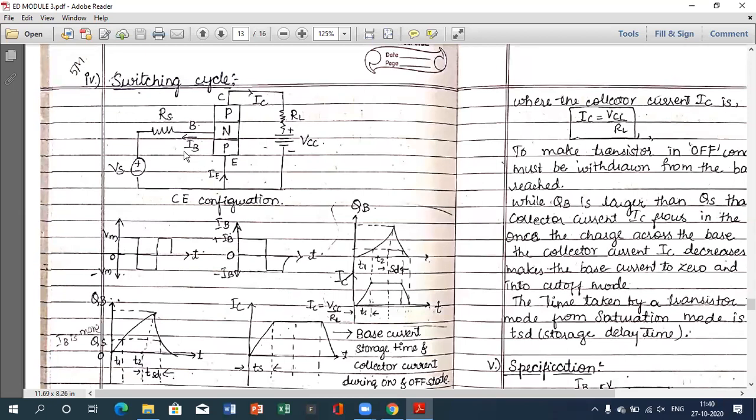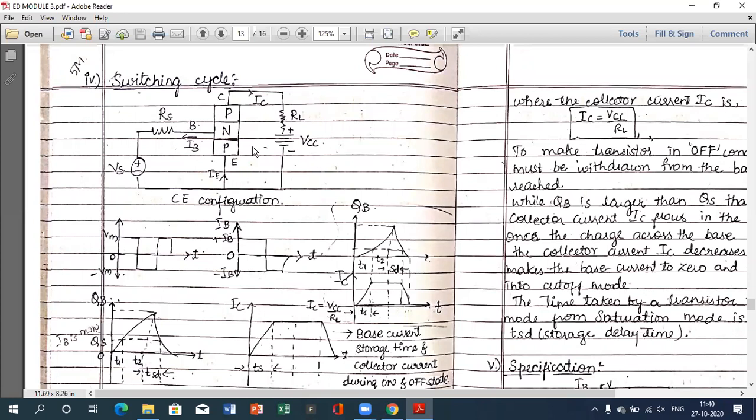RS is the current limiting resistor across the base, whereas RL is the current limiting resistor at the collector. These two are used to limit the excess current reaching the PNP transistor.